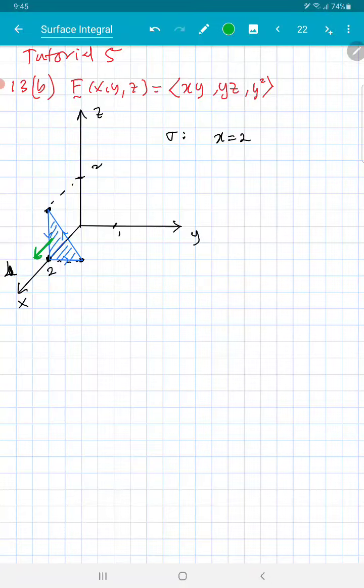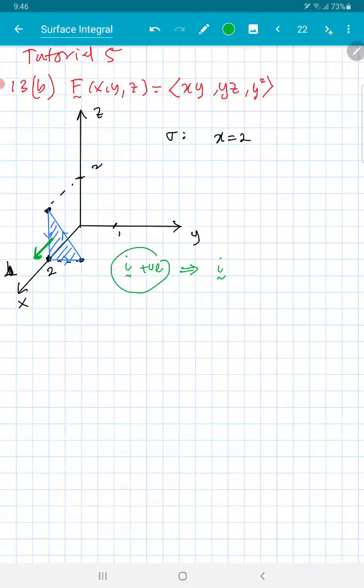So the plane is facing the positive x-axis, meaning you want the i component to be positive. The normal vector is 1i, 0j, 0k.